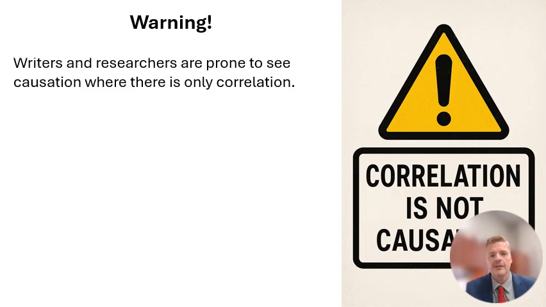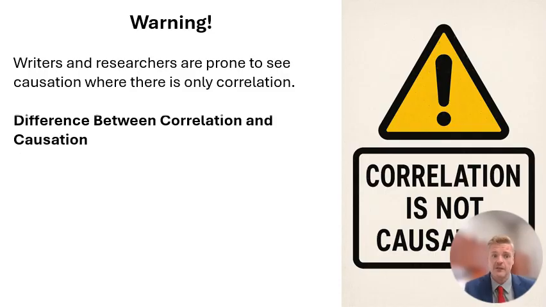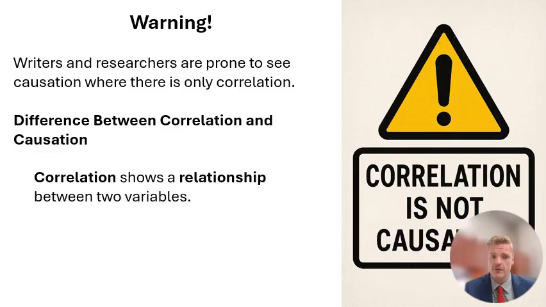So, warning, writers and researchers are prone to see causation where there's only correlation. If you don't know what those terms mean, here's the difference between the two. Correlation shows a relationship between two variables. Essentially, I put on my shoes and I walked outside, right?